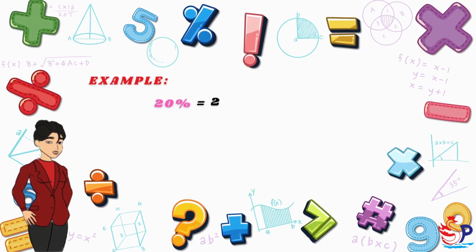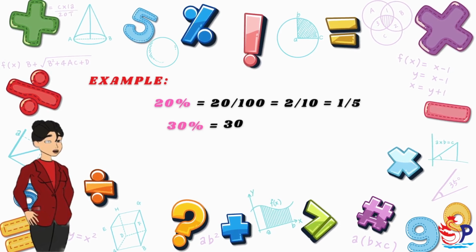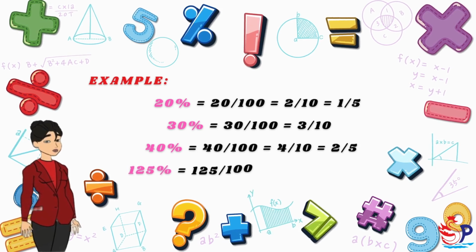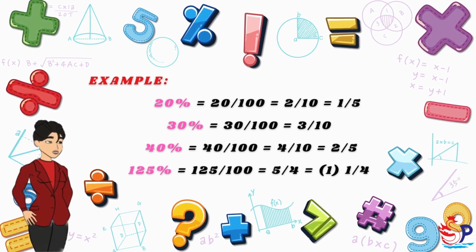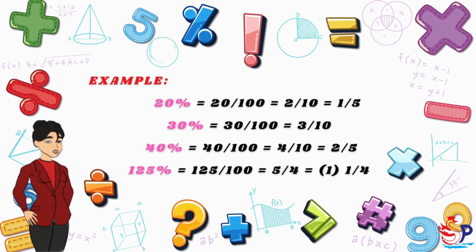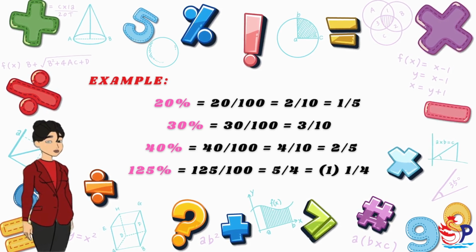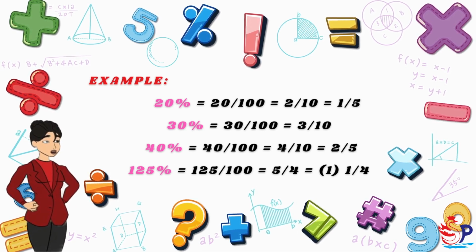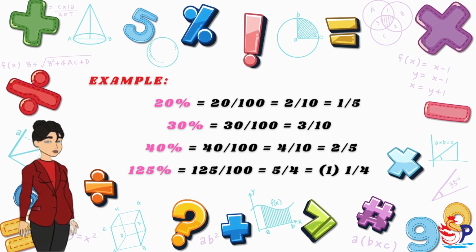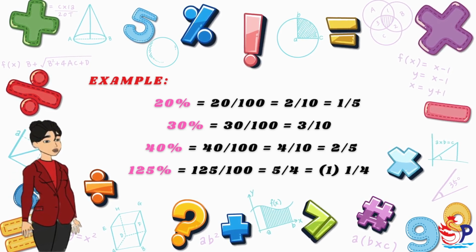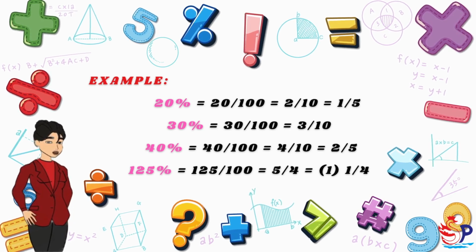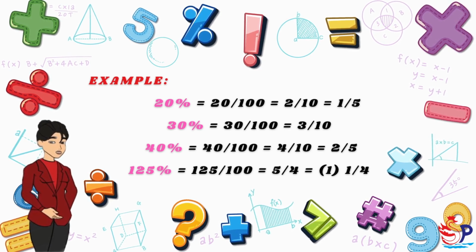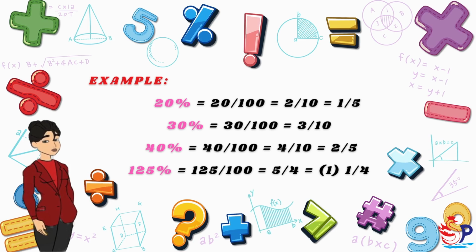Example: 20% is equal to 20 by 100, which is equal to 2 by 10, which is equal to 1 by 5. 30% is equal to 30 by 100, which is equal to 3 by 10. 40% is equal to 40 by 100, which is equal to 4 by 10, which is equal to 2 by 5. 125% is equal to 125 by 100, which is equal to 5 by 4, which is equal to 1 and 1 by 4.